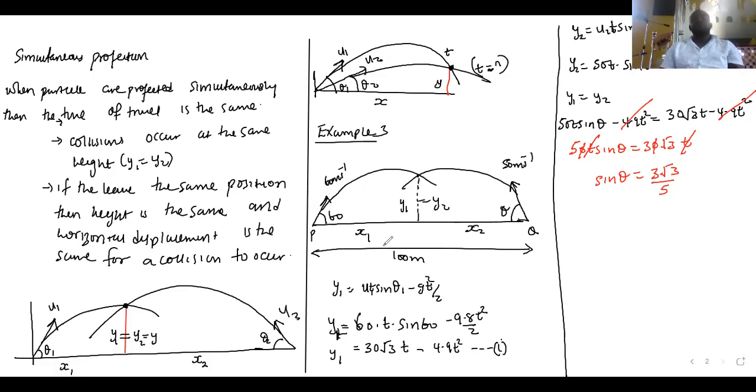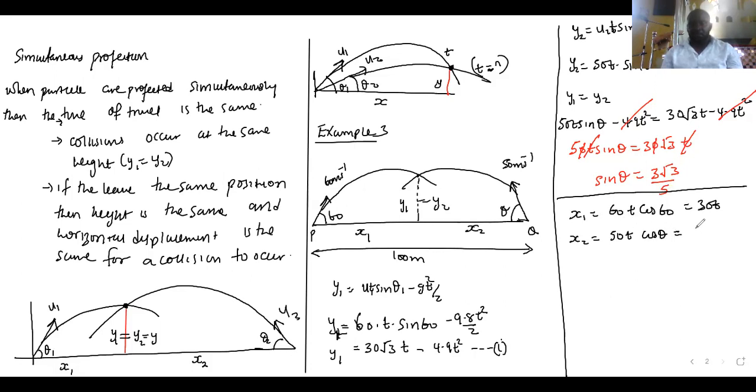Okay. Here in the displacement horizontally, let me first pause this. When you look at x1, x1 gives you 60 times t cos of 60, which will give us 30t. Then x2 will give us 50t cosine of theta.